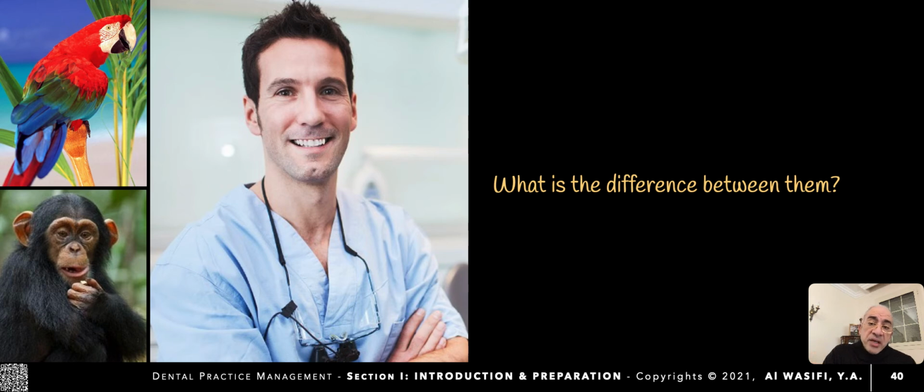The same for monkeys. If you train a monkey to prepare a cavity with definite widths, tips, and extensions, it could not recognize the other environmental conditions or the other systemic and dental conditions of the oral cavity of the patient. That's why it could not modify the cavity preparation.